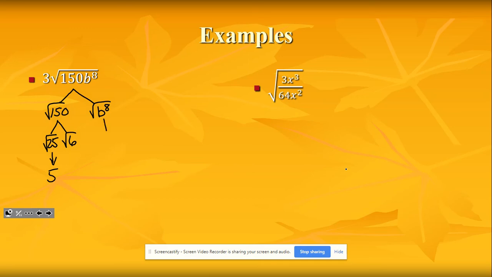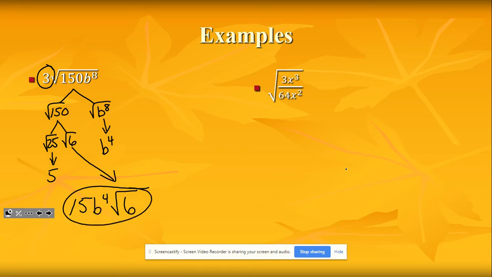Radical b to the 8th will cut the power in half since 8 is an even number, and we're left with b to the fourth. Round up everything that's on the outside, which includes this original 3 on the outside. 3 times 5 is 15, and we have the b to the fourth. The only thing we have underneath the radical is the radical 6, and that moves down here. That is your final answer.